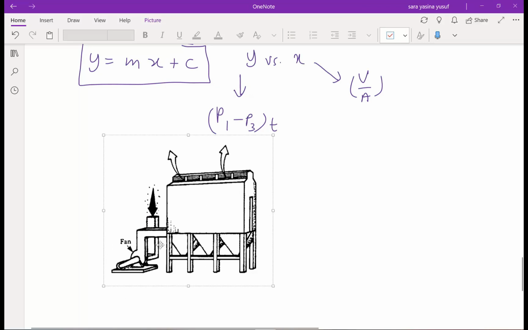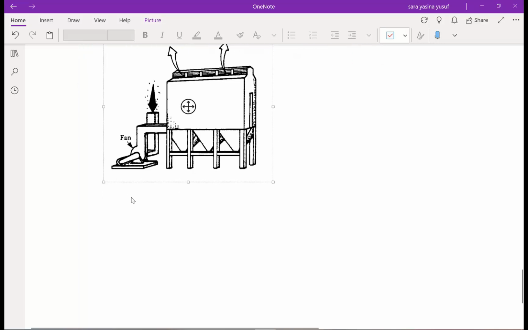So this kind of equipment ataupun blower ni is practically a constant flow rate device. Tadi kita buat analysis on constant pressure. Now kalau kita nak tengok on constant flow rate condition pula, it explains dalam positive displacement types of filter baghouse.